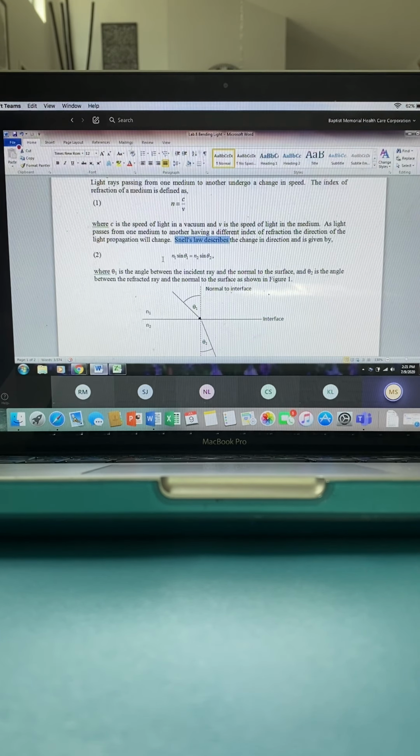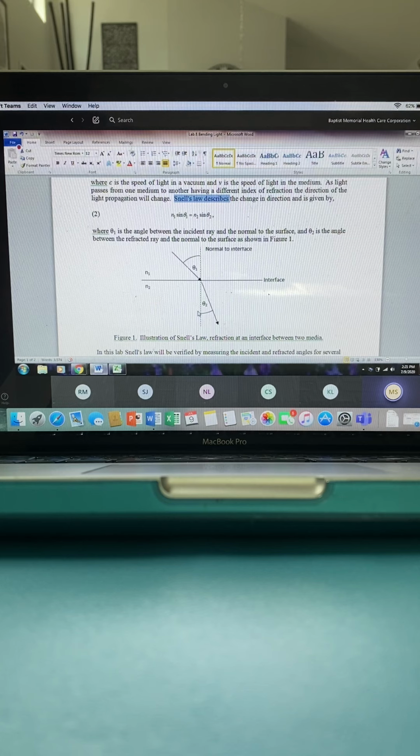And how do you use this equation to calculate the index of refraction of the second media? In this case, this media is air, which we used, and this media is either water or glass. So talk about Snell's law.